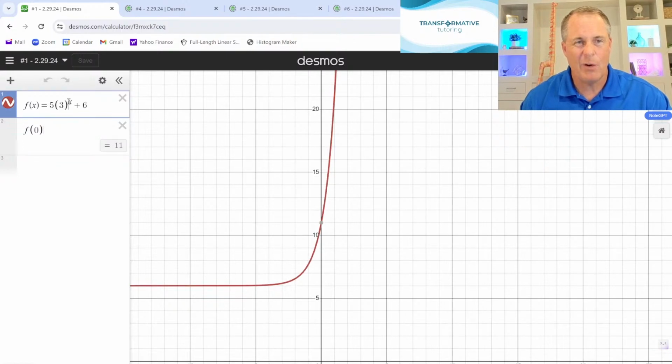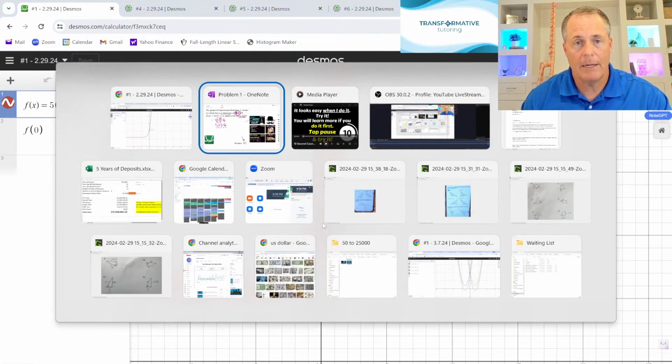So even if you goof up and forget that anything to the 0 power rule, you can use Desmos to make sure you get it right. The other thing that's wonderful about Desmos is it graphs for you, so you can just look at the graph and see that it's 11. Silly little mistakes like anything to the 0 power equals 1 can really goof up your score, so Desmos is a great way to double check.